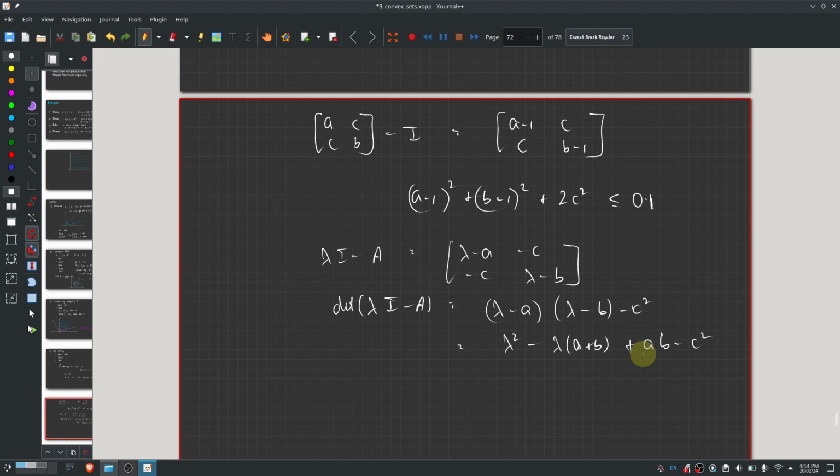So if you're given such a quadratic, what are the conditions under which the roots are always greater than or equal to 0? Okay, discriminant should be less than or equal to 0. So what is that equal to?